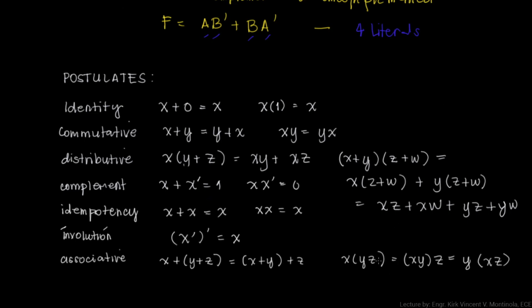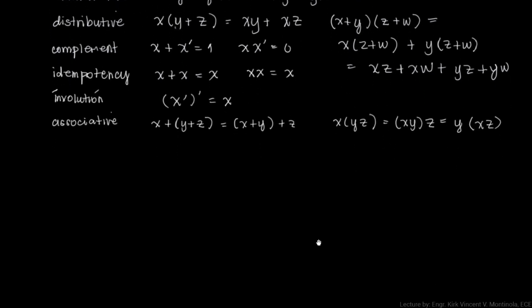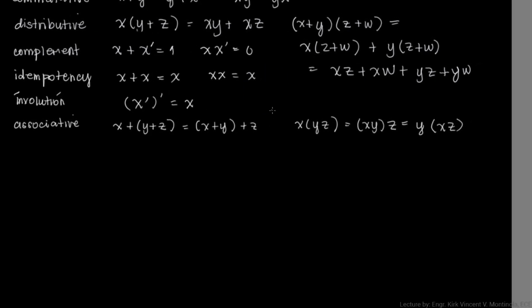And then we have the new postulate that we call De Morgan's theorem. It says that the complement of x plus y, the complement of the two variables, is equal to just removing the add sign, but you complement each variable.